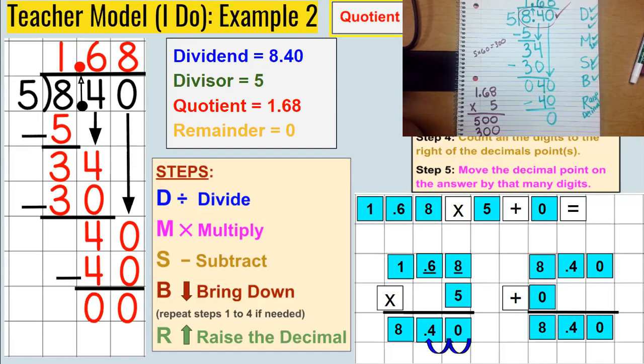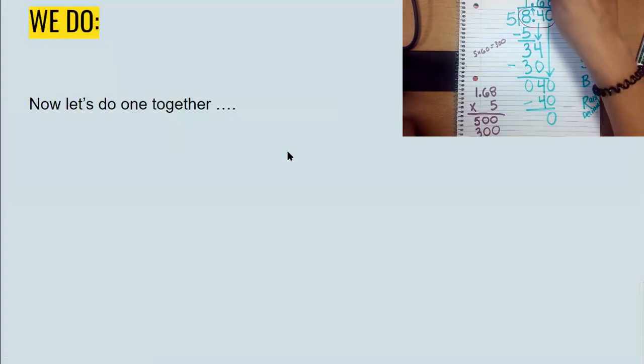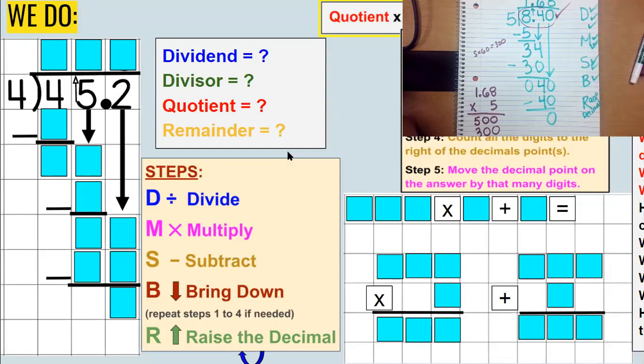Okay, I want you to try the next one on your own, but this one is going to be like a practice round. When you get stuck, you ask a question. So try 45 and 2/10 divided by 4.